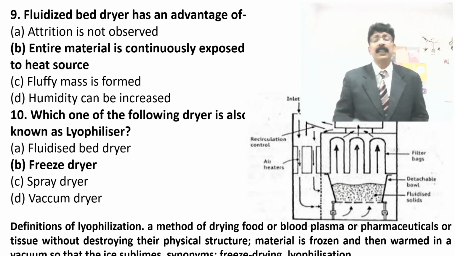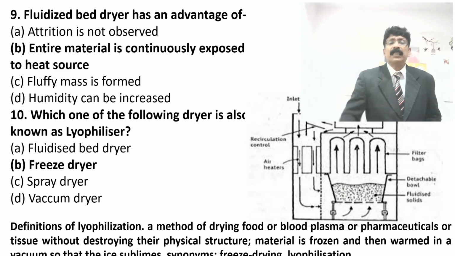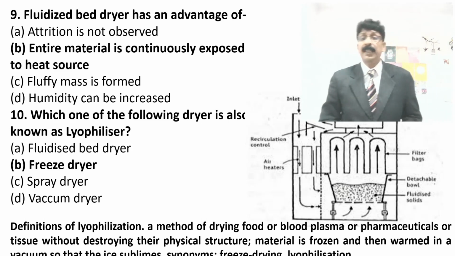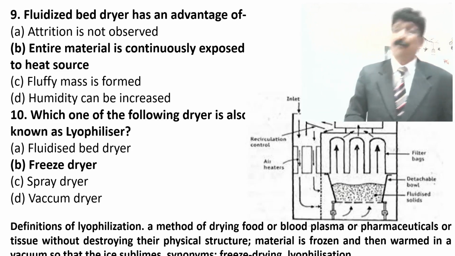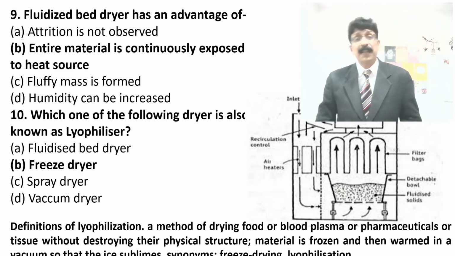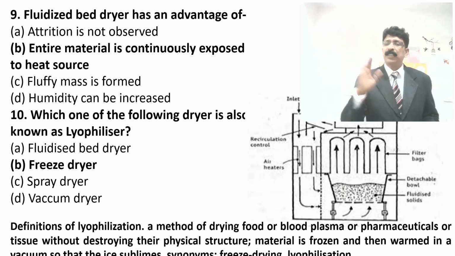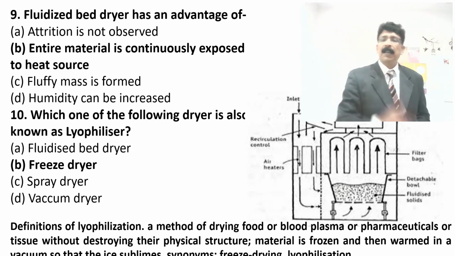We are coming to the ninth question. They came to the next question: the fluidized bed dryer, which is very commonly used in tablet manufacturing. The fluidized bed dryer has an advantage of, you know very well, it is used for tablet manufacturing.